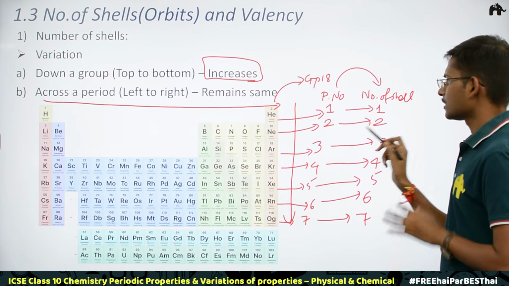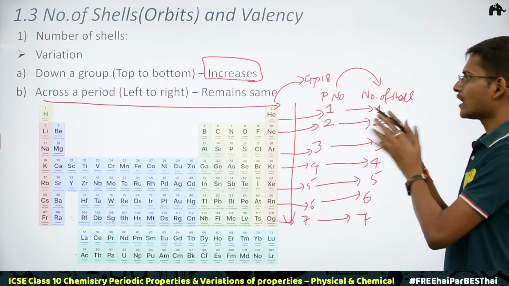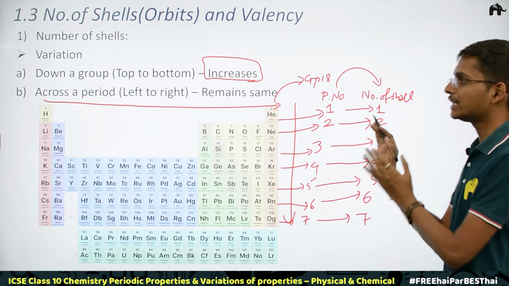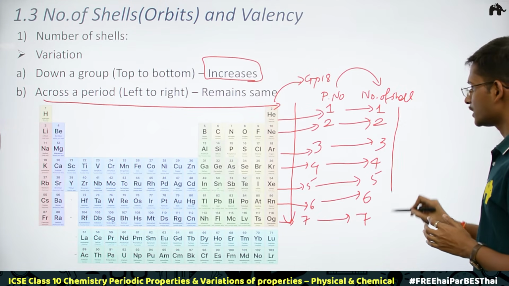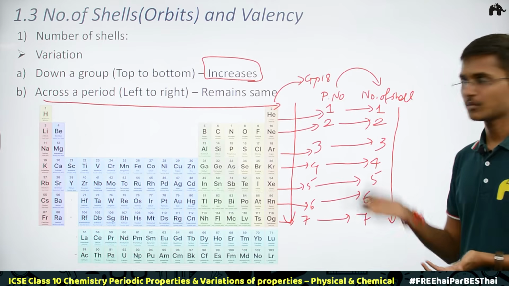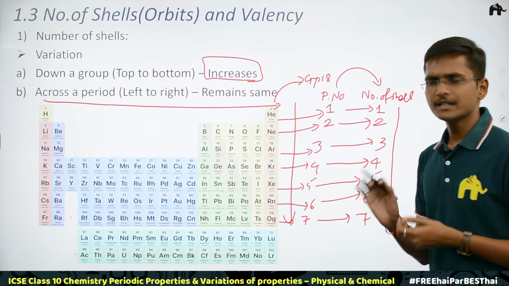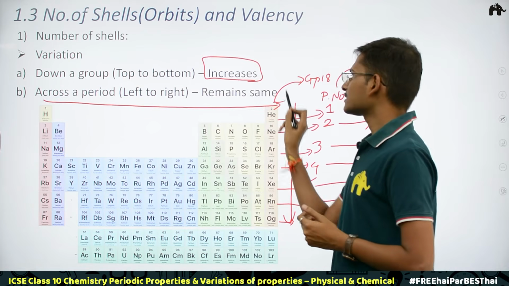Now I think you would have understood how the number of shells increases down a group. See, 1, 2, 3, 4, 5, 6, 7. Yes, the number of shells increases as we move down the group. Simple. And then across the period, the number of shells remains the same.